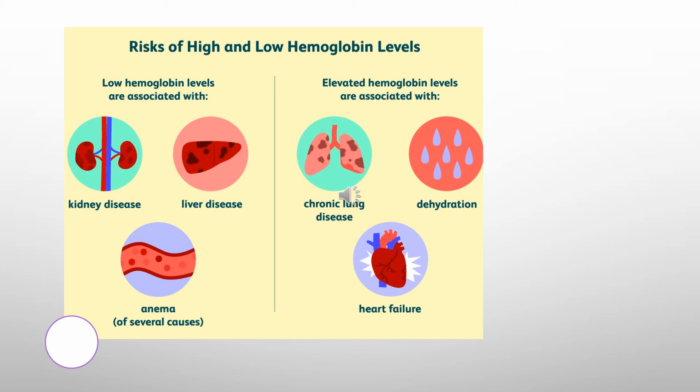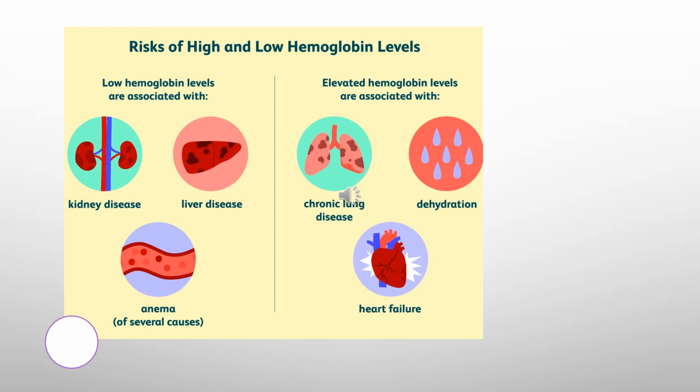But if there is a deficiency of hemoglobin in the blood, then that person will have various types of diseases. That person may have kidney disease, the liver will not function properly, and deficiency of hemoglobin may cause anemia in that person.